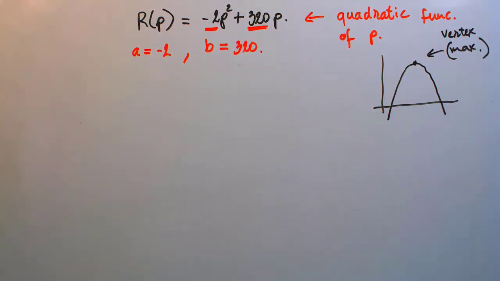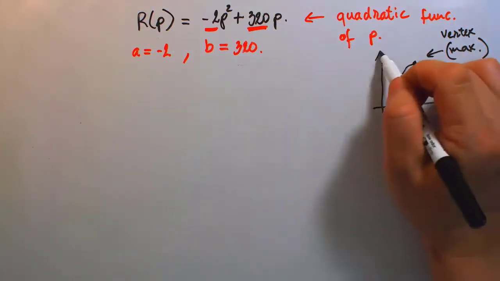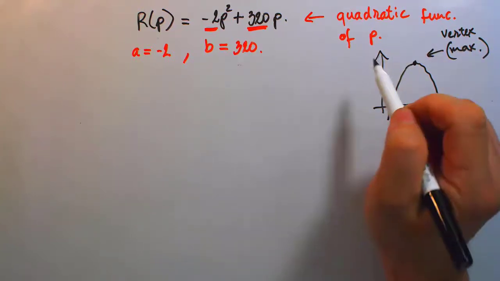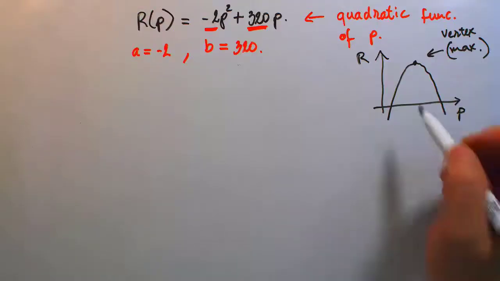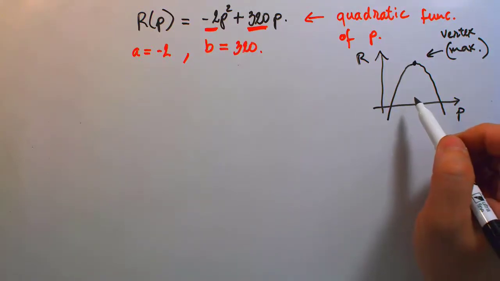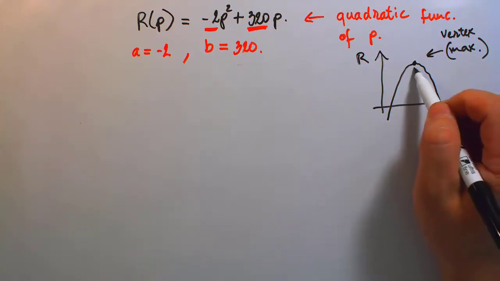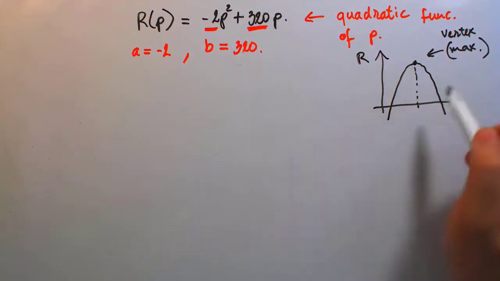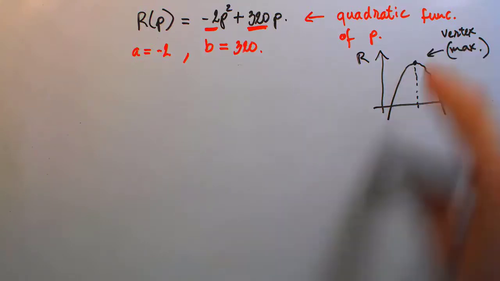In this context, we put the p variable on the horizontal axis and the R variable on the vertical axis as the output of the function. The question is asking at what price p we are going to reach the largest revenue value, or the largest vertical value right here.